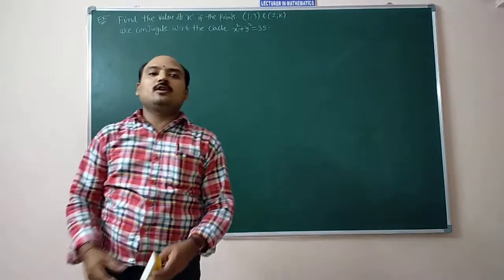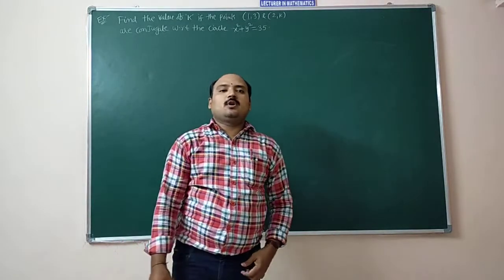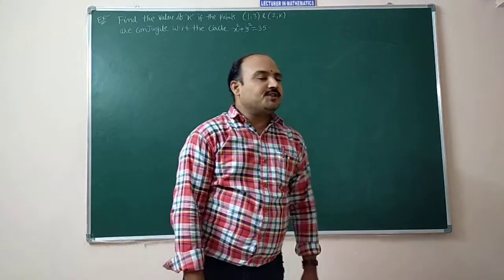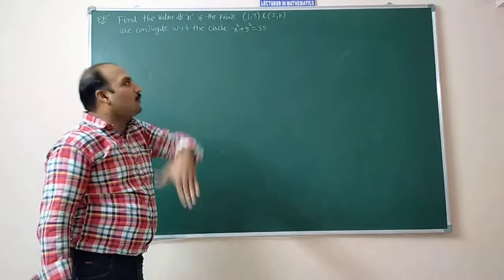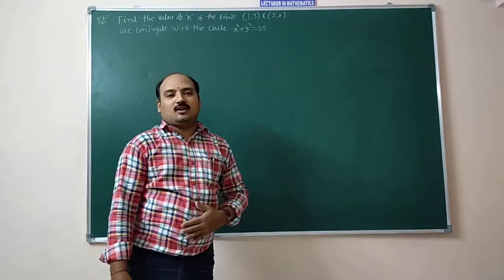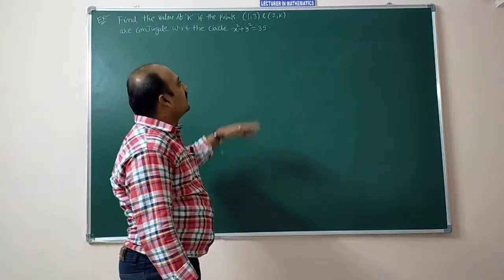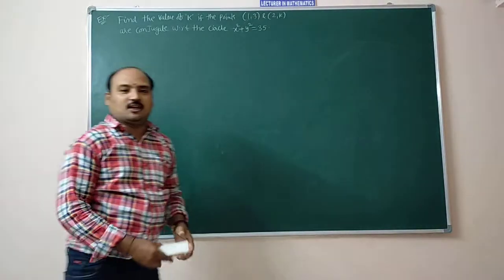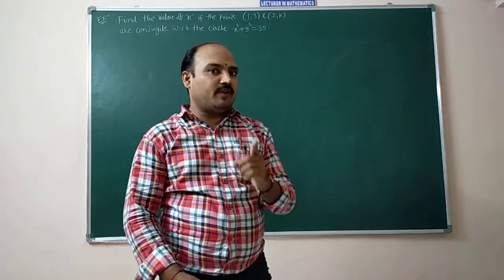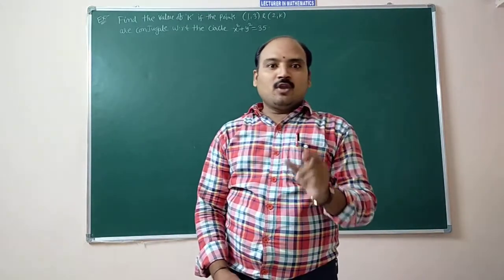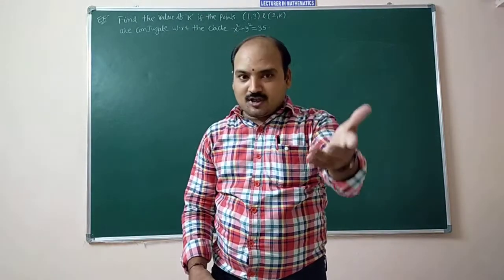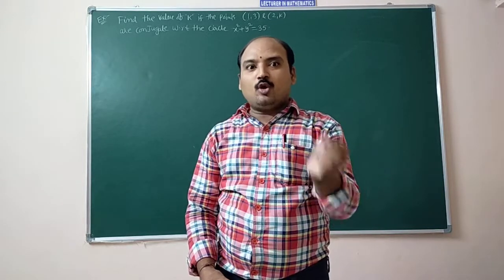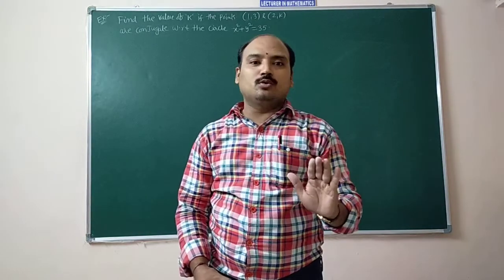Next model, conjugate points. In the previous questions, we had to show that the points are conjugate with respect to the circle. Now the question is, if the points are conjugate, find the value of k with respect to this circle. So you remember a very important thing. Whenever they ask to prove the points are conjugate, we have to prove that S12 equal to 0.